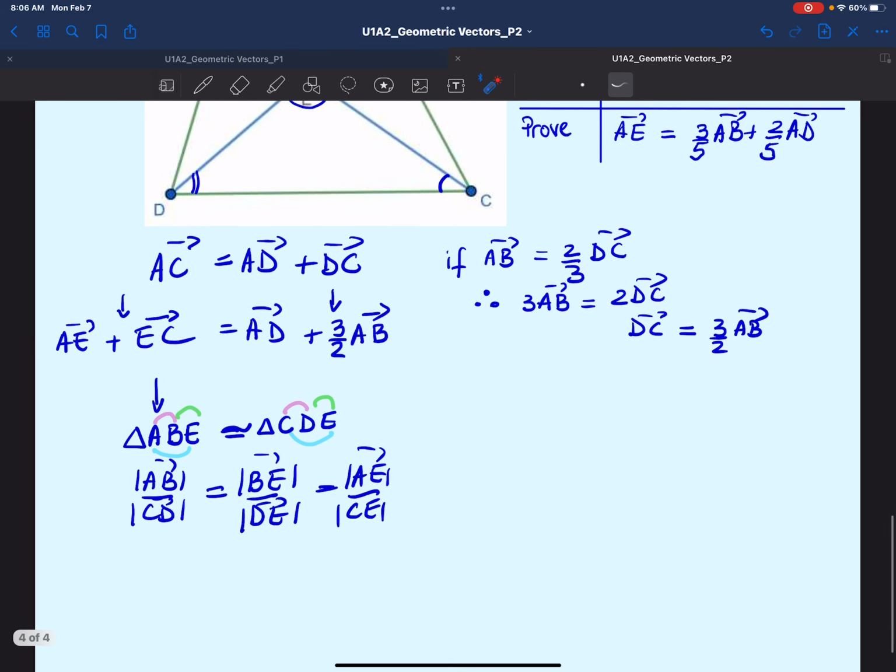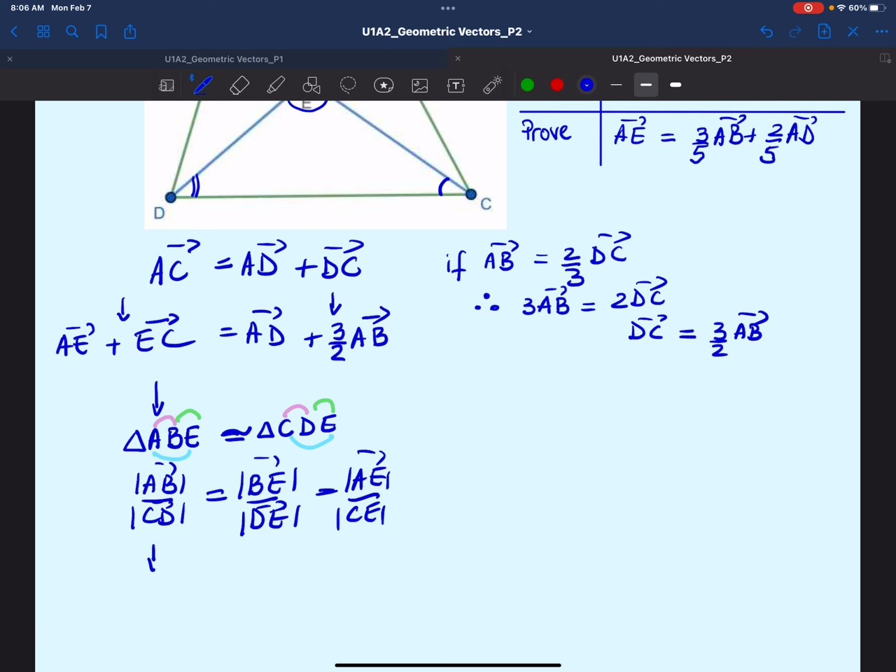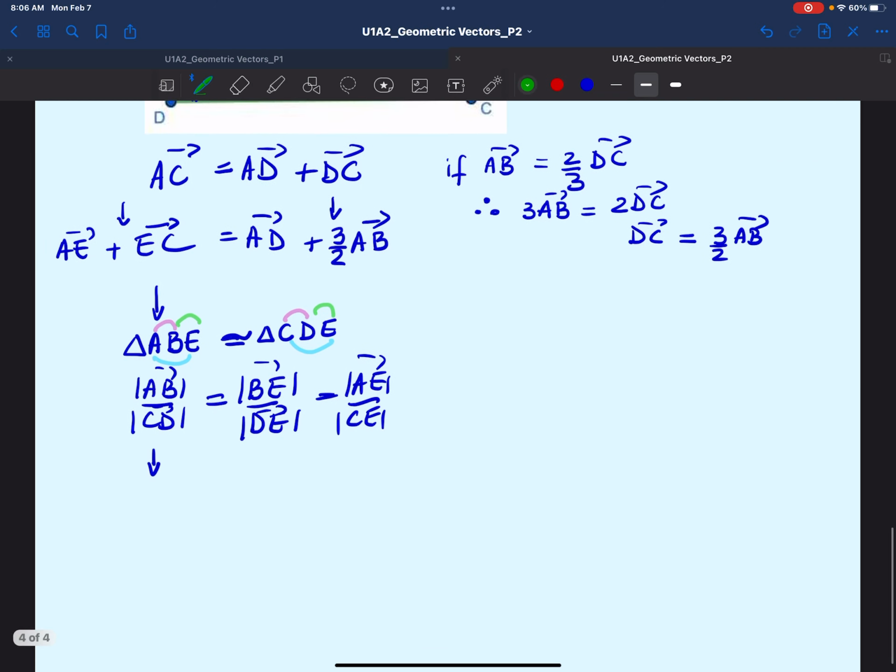Then we can derive the magnitude, so I'm going to write down the explanation. Since AB equals 2/3 of DC, then we can say that the magnitude of AB over the magnitude of DC must equal 2/3.